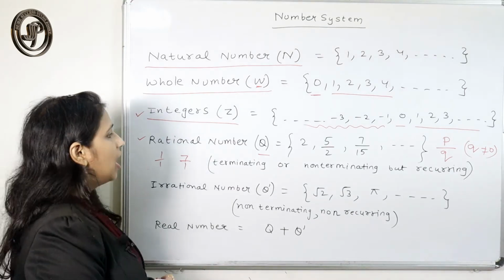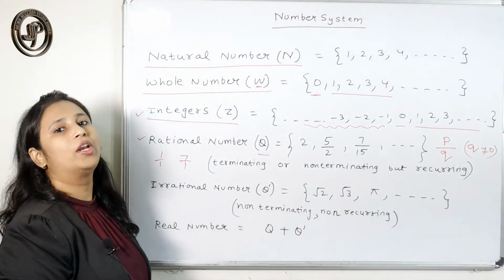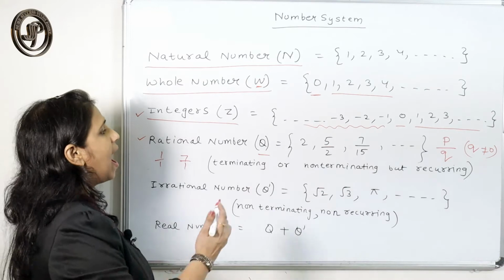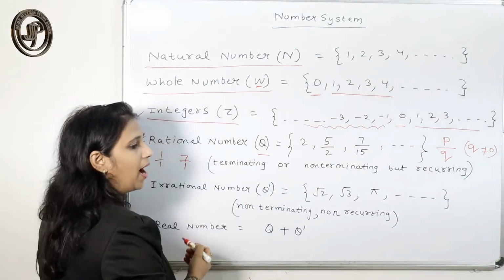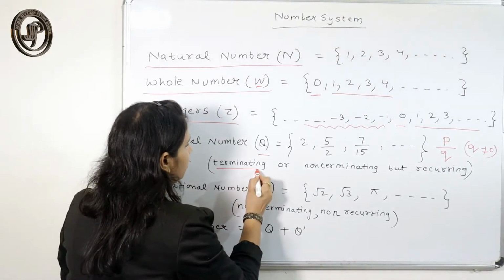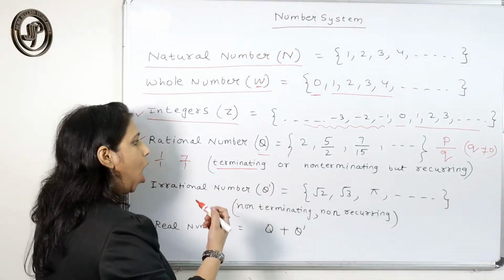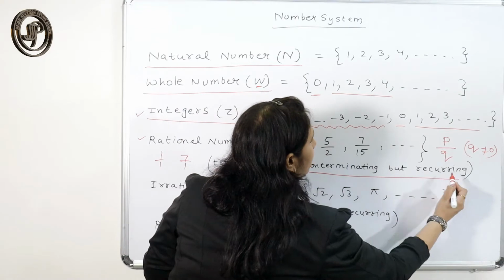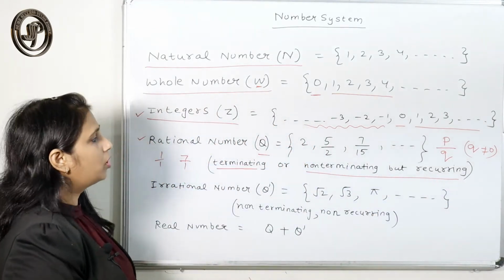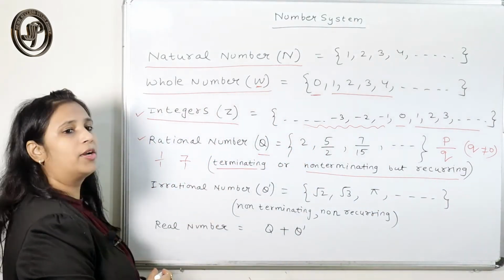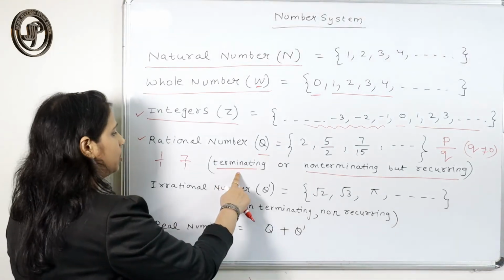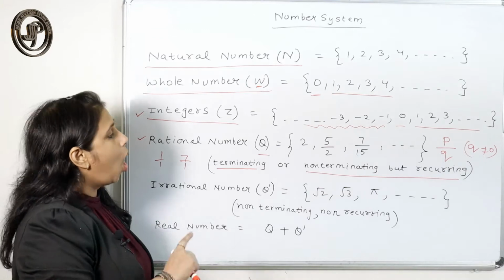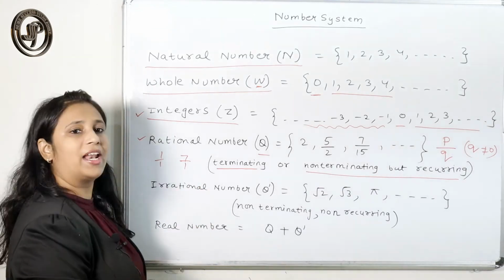Okay, and here is another way to identify a rational number. Any number in fraction form, if you divide it, and the result is either terminating or non-terminating but recurring. So if you divide the fraction 5 by 2, or 2 by 5, and it comes out terminating, then it is a rational number.